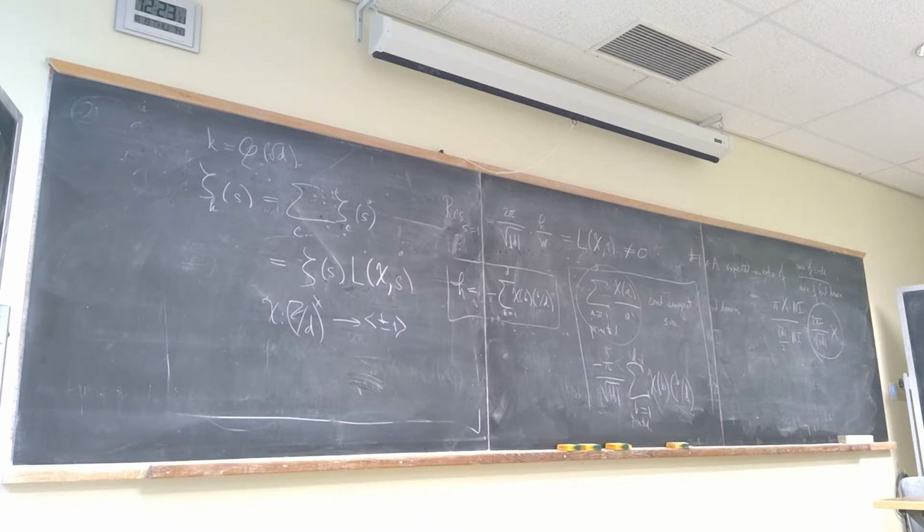5 is not a residue. 7, (7/23). That's good. 7 is a quadratic residue. So I need a 7. Since 7 and 2 are residues, so is 14. So is 16. And 21 must be a residue, 3 and 7. And I hope that's it. 1, 2, 3, 4, 5, 6, 7, 8, 9, 10.